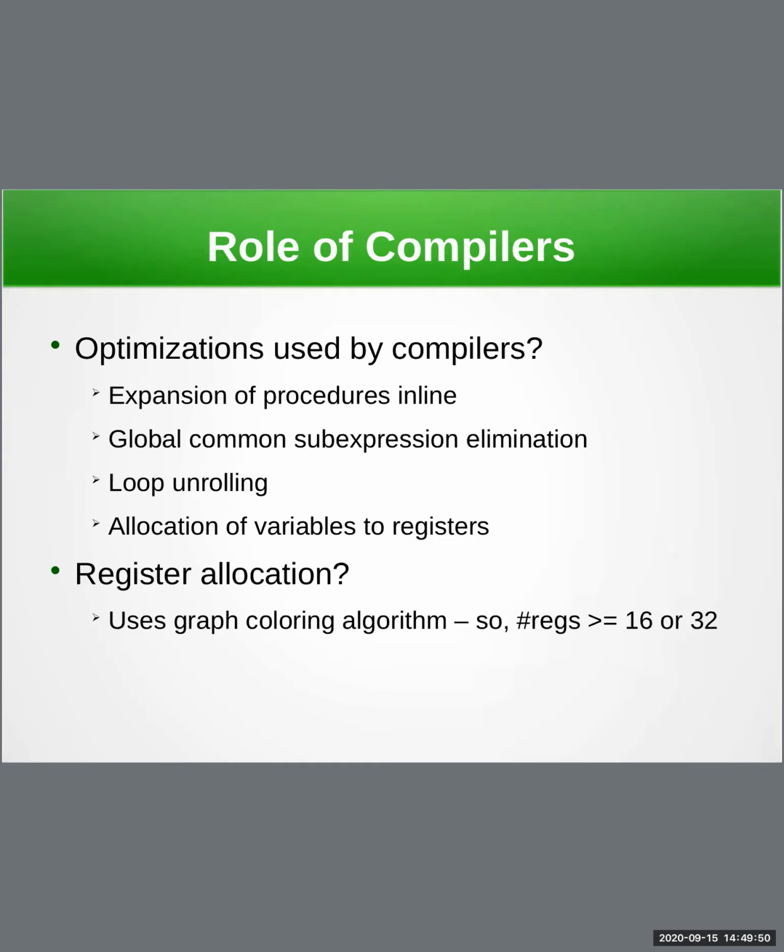Optimizations used by compilers. Okay, so when compilers are doing various optimizations, some of these are the most common optimizations done. So one, of course, if you have specified a macro or inline procedure, it is expanded. The compiler knows that it has to expand, so there is no issue.